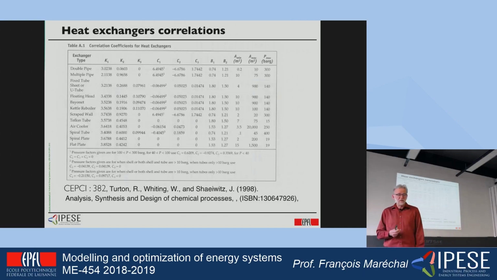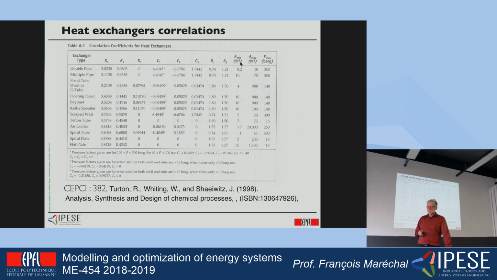It is the date of all the values that are in the tables, so the K1, K2, K3 for the purchase cost, plus the pressure influence, plus the installation part here. Something also very important, which you have for different types of heat exchangers, is the minimum value and the maximum value, so the ranges of validity of the formula.